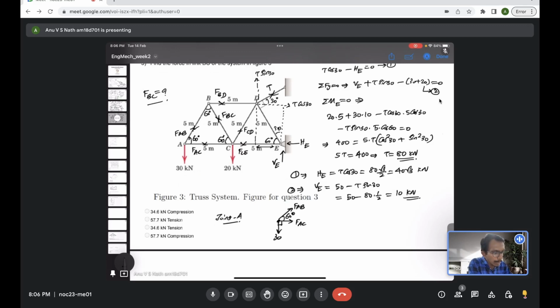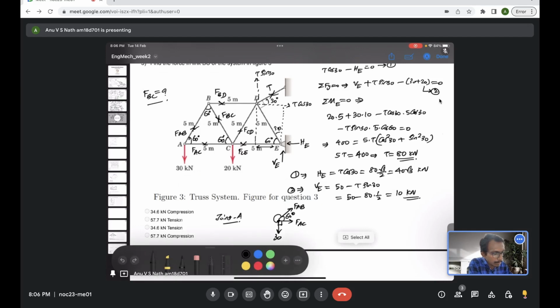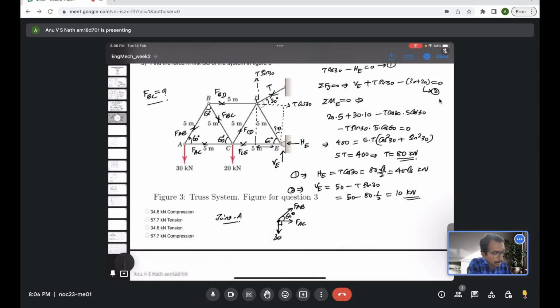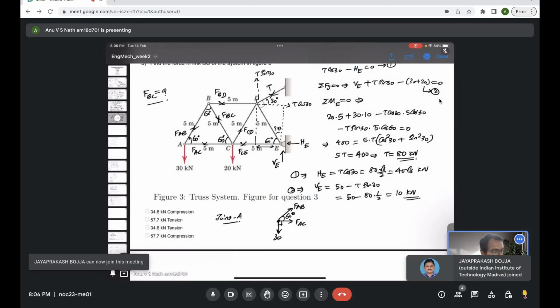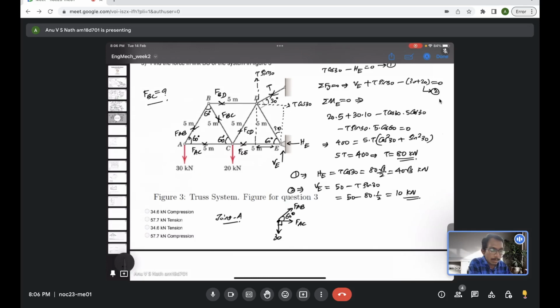I am simply going to use the sine rule because that is easier. But if you want me to use sigma Fx equal to 0 and sigma Fy equal to 0, the basic form, just stop me, then I will do that. Otherwise I am just going ahead assuming that you are familiar with using this sine rule.